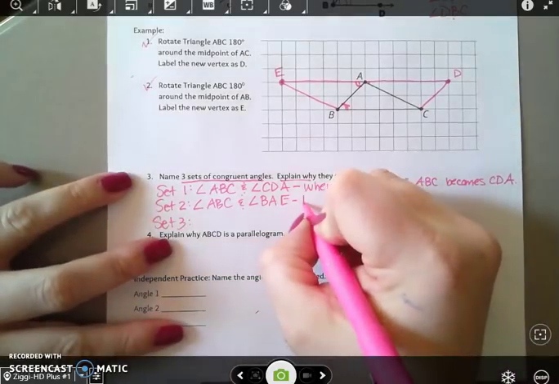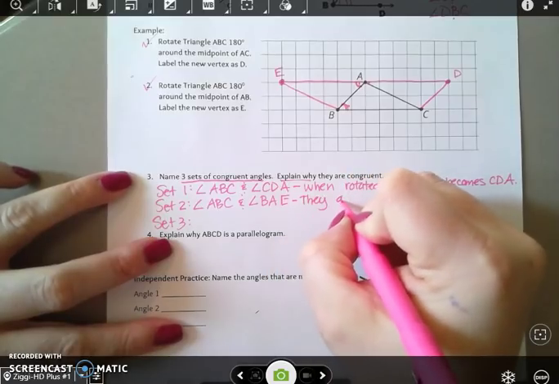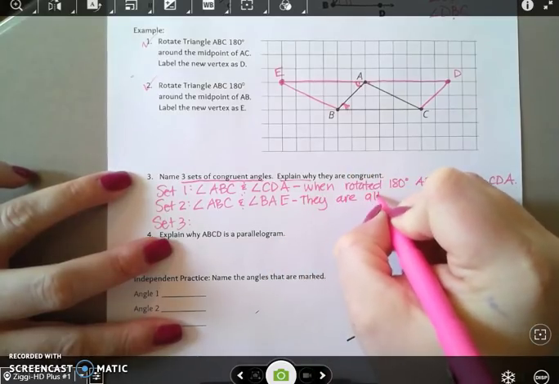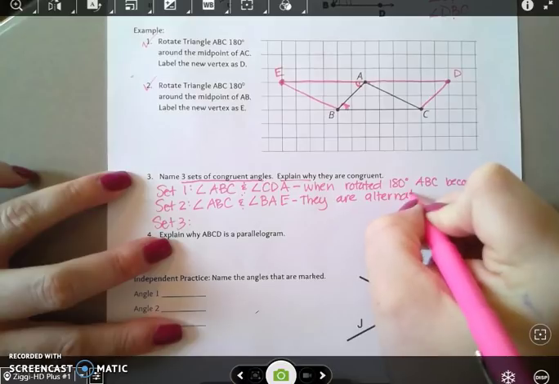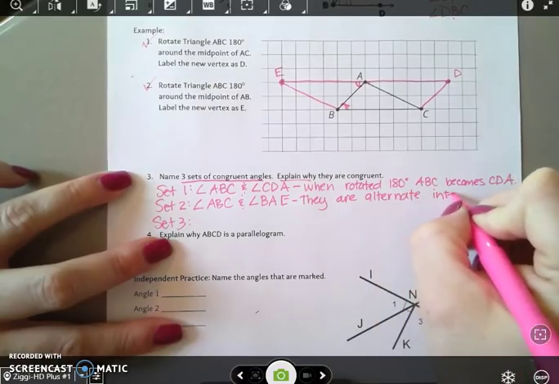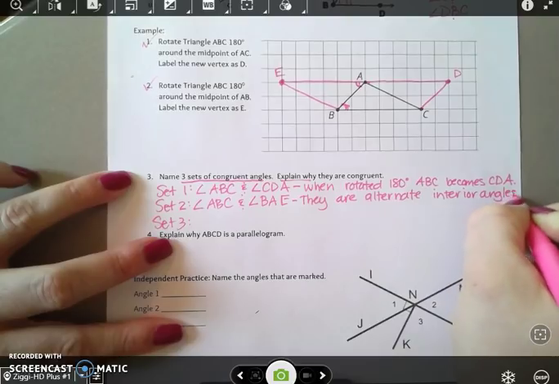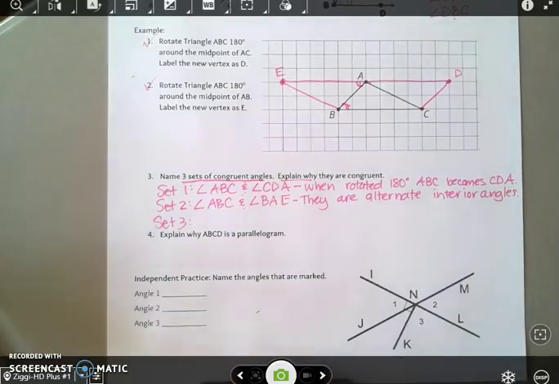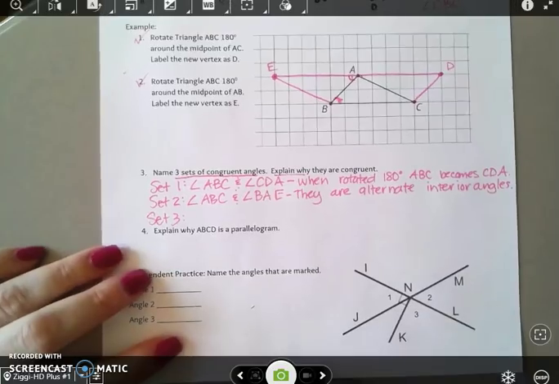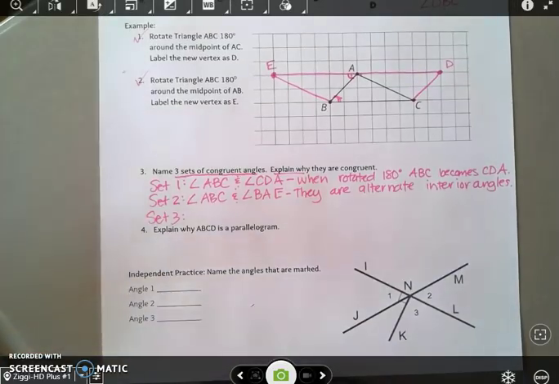Remember, we can say that they are alternate interior angles. Now, if you're not sure about alternate interior angles and you're thinking, oh, I don't remember that, well, that's coming up as a review in video 3. So don't panic, because I will go over that as well.